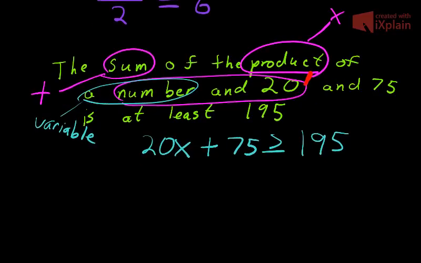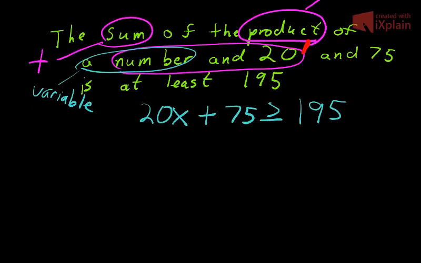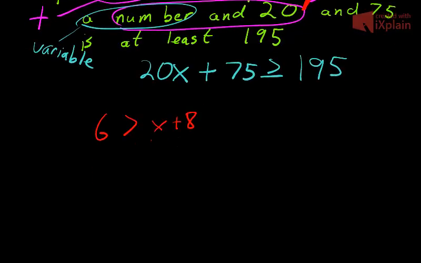So now what we have to do is do this in reverse. Given an inequality, we have to be able to write a sentence. So we're going to try 6 is greater than x plus 8 right there. I already said it out loud, but a way we can write this would be 6 is greater than the sum.